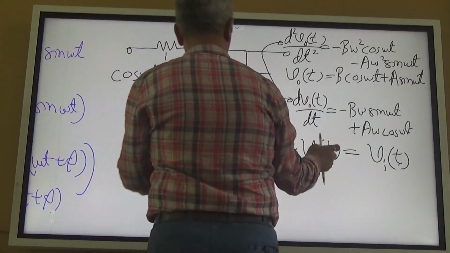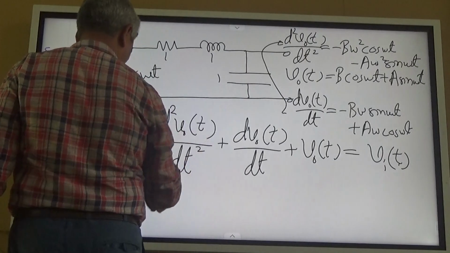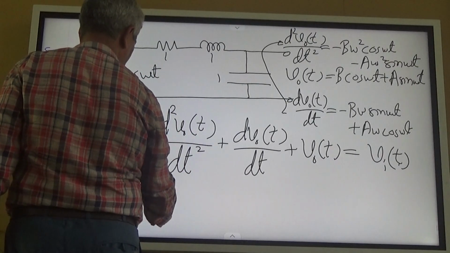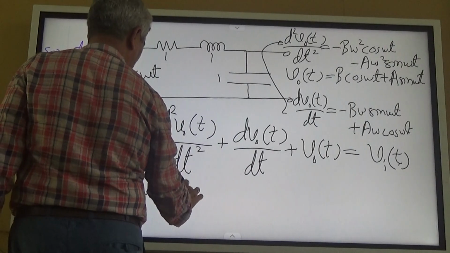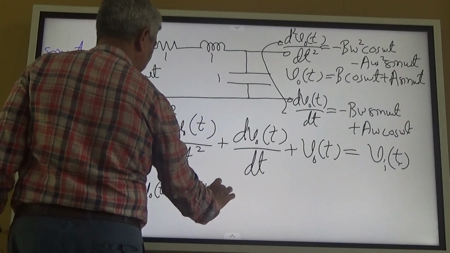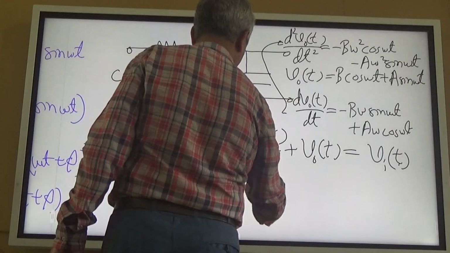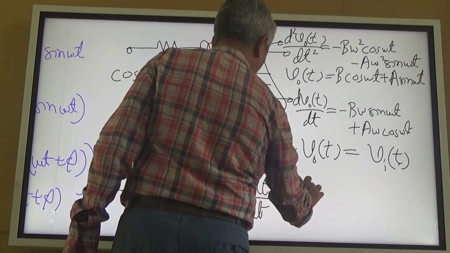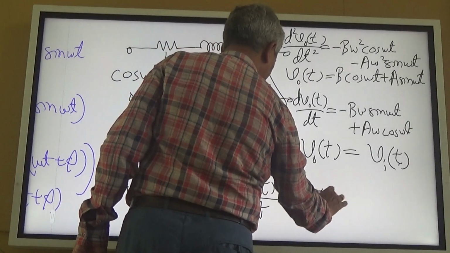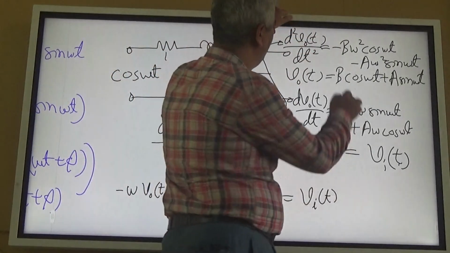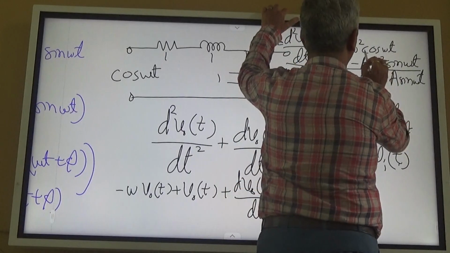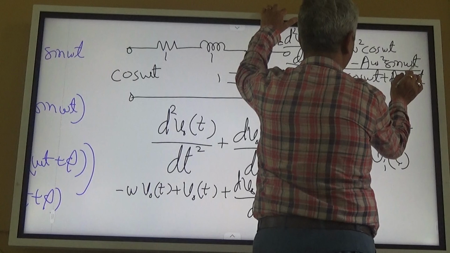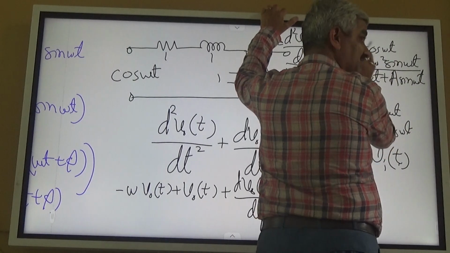So we can make a small change, minus omega square VOT plus VOT plus dVOT by dt equal to V. Is it right? So if you look at this, b cos omega t plus a sin omega t is there, and minus omega square is multiplier.